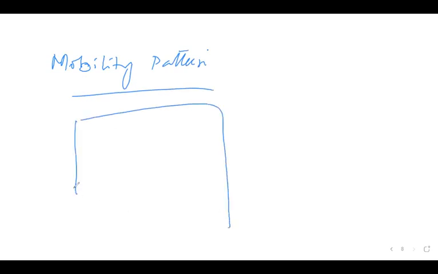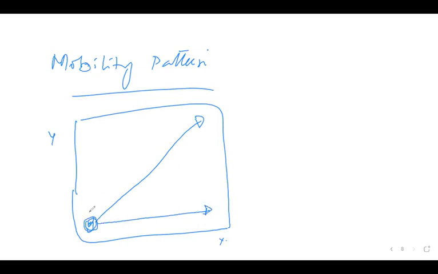For example, if we have this network area and we have a node here, either this node is moving directly in the XYZ plane, this is the Y plane and this is the X plane. Either the node is moving in the X plane only, or the node is moving in the Y plane only. The node may be moving in a zigzag path, and there may be a possibility of pause time.